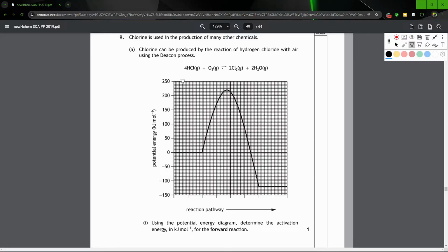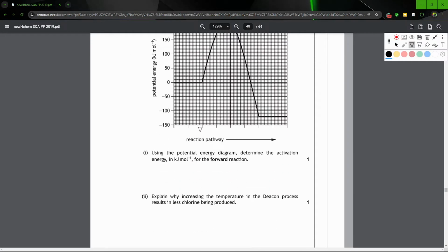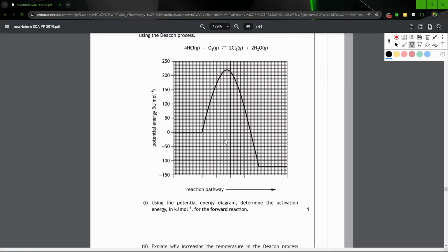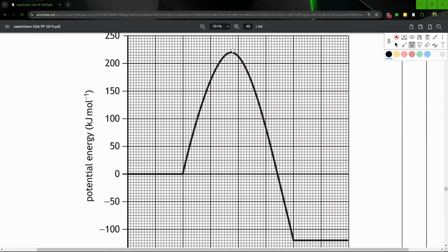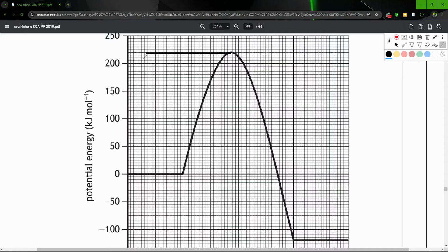But anyway, chlorine is used in the production of many other chemicals. Chlorine can be produced by the reaction of hydrogen chloride with air using the Deacon process. Using the potential energy diagram, determine the activation energy in kilojoules per mole for the forward reaction. Okay, so activation energy is basically going to be this distance here.